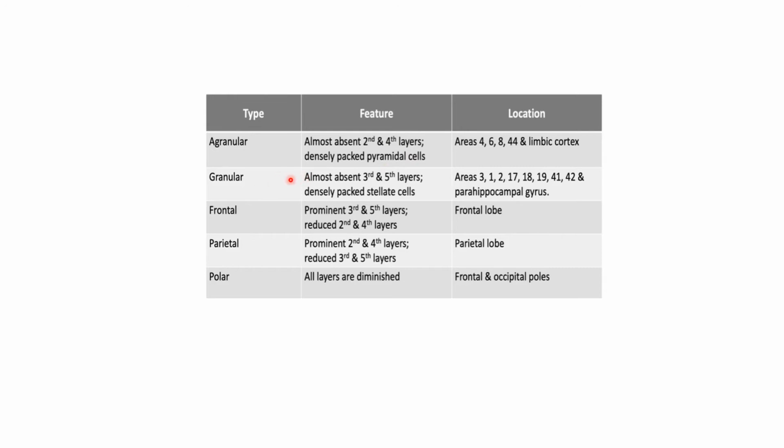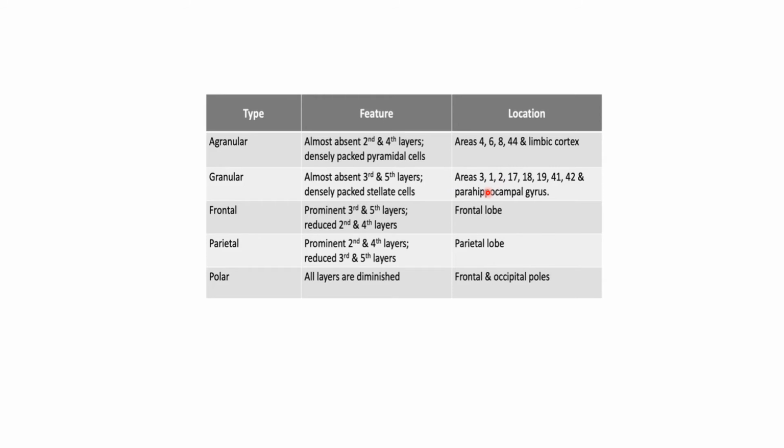If you are able to differentiate agranular and granular cortex at your level, that is good enough. We have the almost absent third and fifth layer, that means the pyramidal cell layer is less, large pyramidal cell thickness is less, and densely packed stellate cells. Here they are densely packed pyramidal cells. Motor cortex, this is the example.